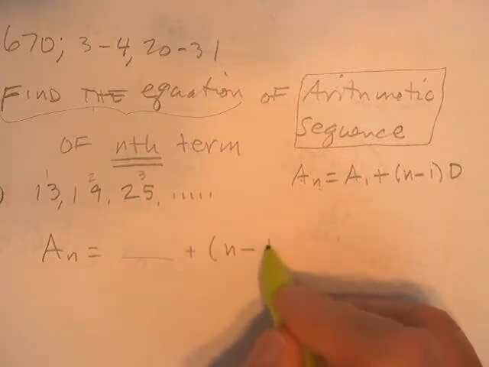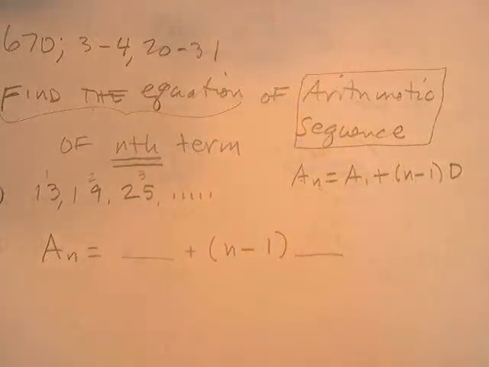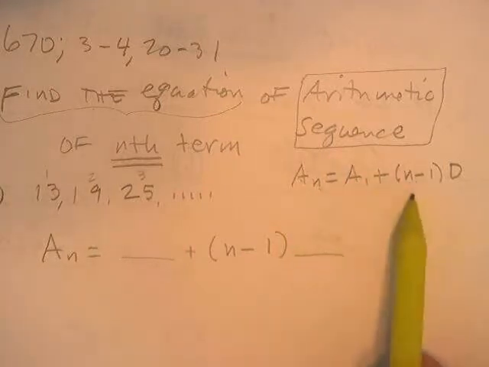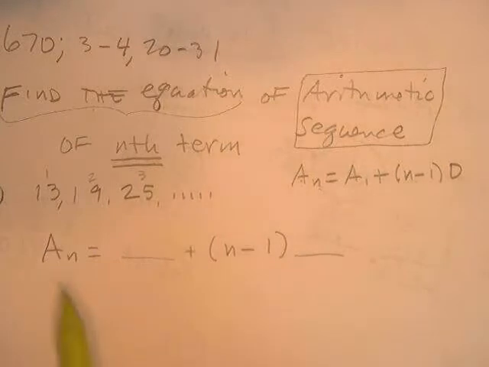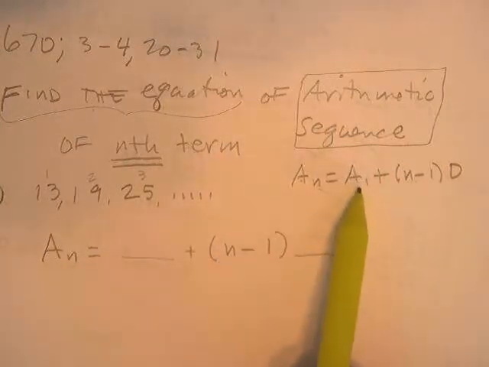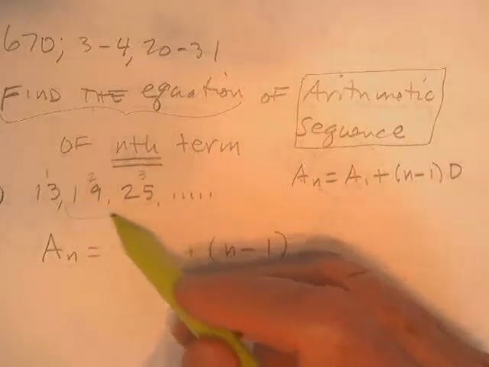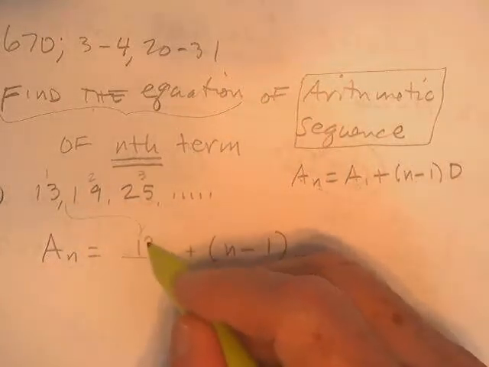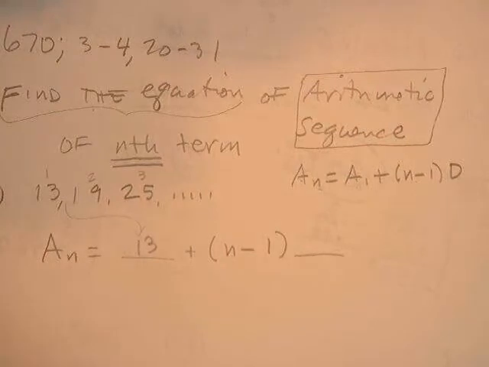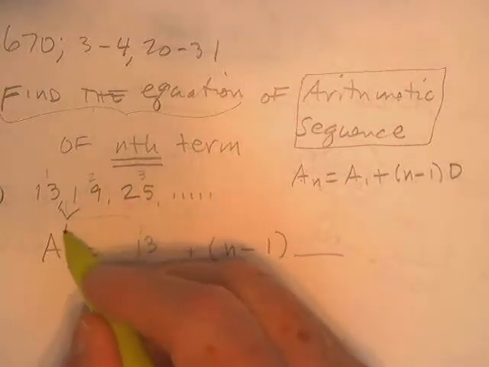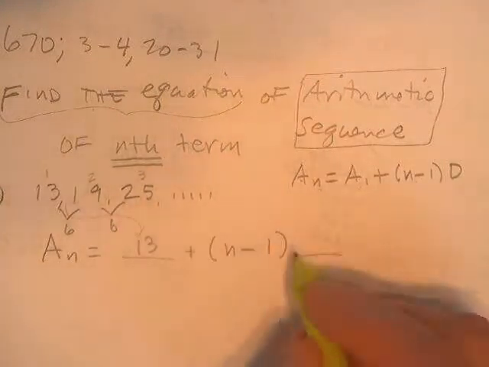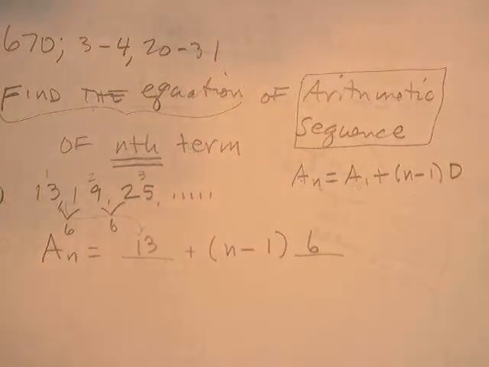This is almost like fill in the blank. Because I'm going to leave n in a formula. Formulas usually have variables in them. We're going to leave the n's alone. I need the first term to go right here. Well, guess what? The first term was 13. Yippee skippy, that was tough. And then you're going to have to figure out the common difference. Oh, I don't know, perhaps it's 6.